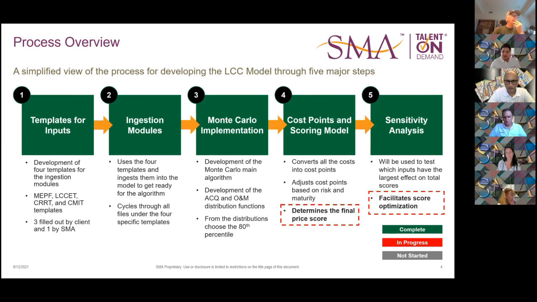With the ingestion module, step 2, what it does is parse out all these Excel files. It reads in all the data, formats it correctly, cycles through them, and then gets them ready for the Monte Carlo implementation, which leads into the third part. And this is really the heart of the program, the Monte Carlo.